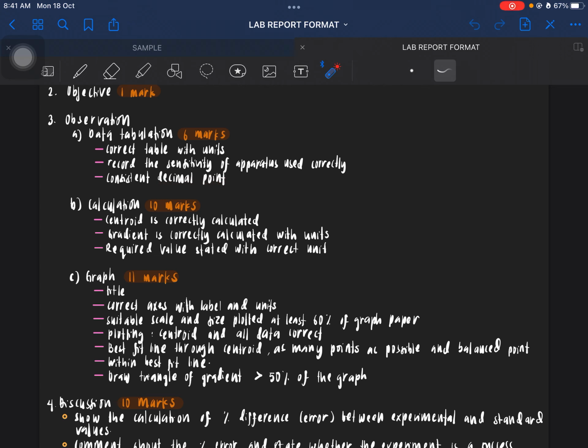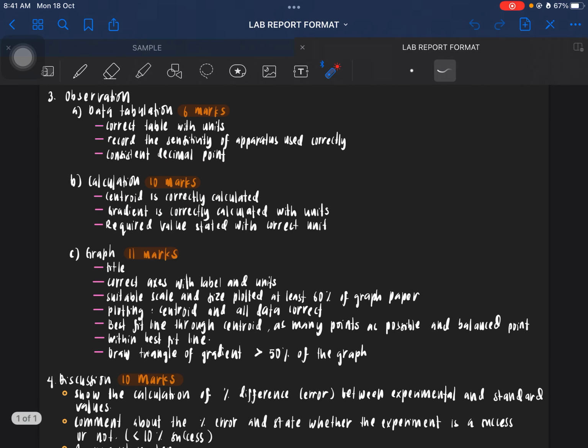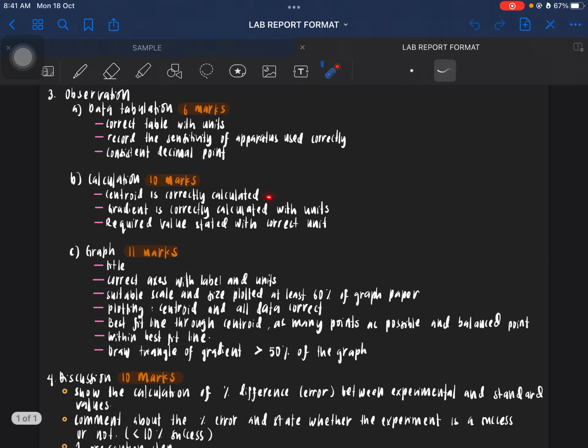The second part of the observation is calculation, which is 10 marks. It focuses on the centroid being correctly calculated, the gradient being correctly calculated, and the required value stated with the correct unit.